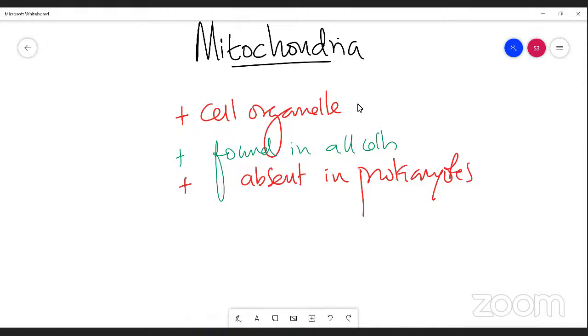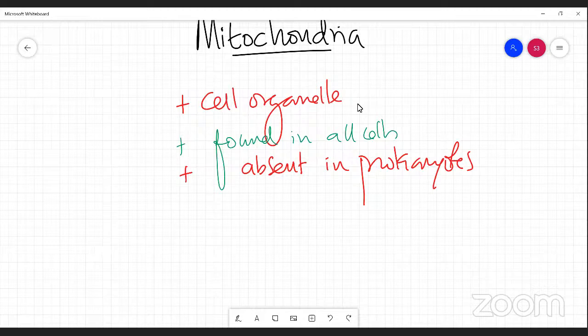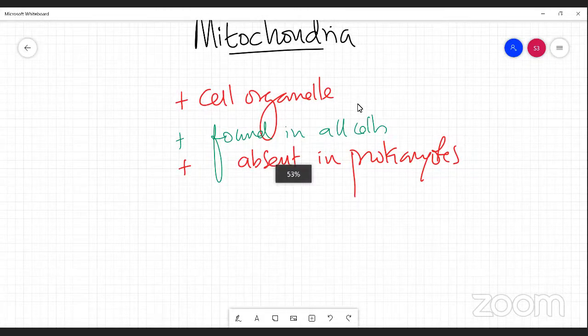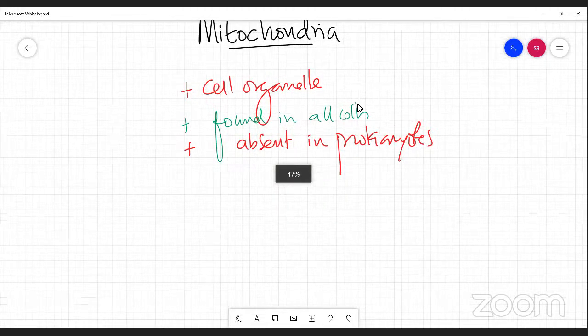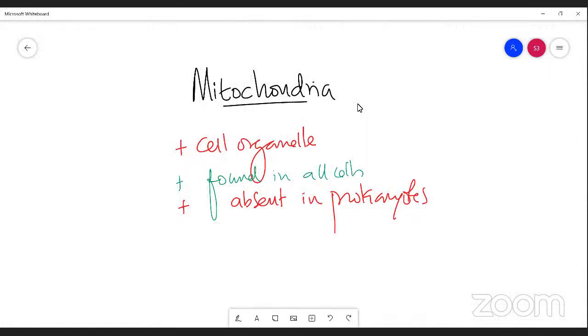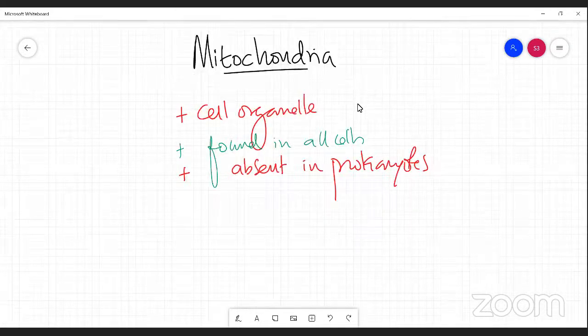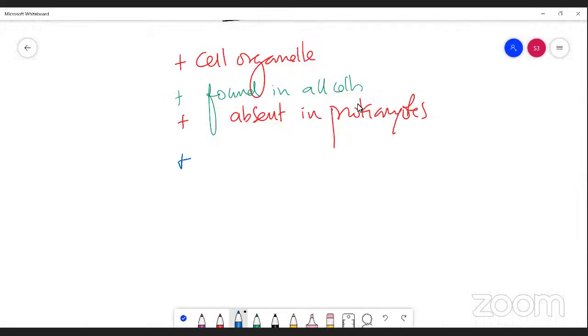And it is a double membrane cell organelle. Mitochondria is a double membrane system. Dear students, please understand, it is a double membrane organelle, because it consists of an outer membrane and an inner membrane.